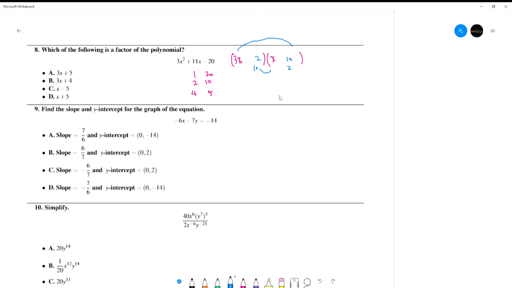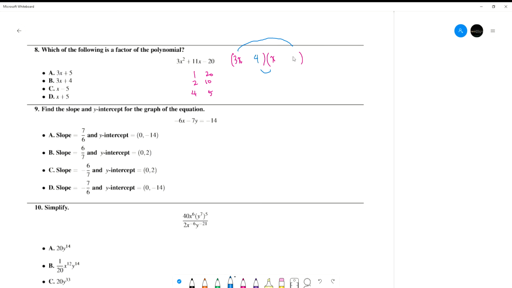So the outer for the first one will be 30x and 2x. So that doesn't work. So if I reverse them, I get 6x and 10x. That doesn't work either, right? There's no way I can have a positive and negative that add up to 11x there. So that's not it. Let's do 4 and 5.